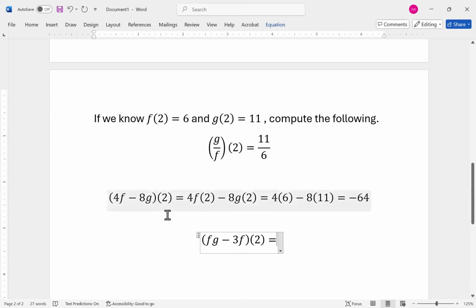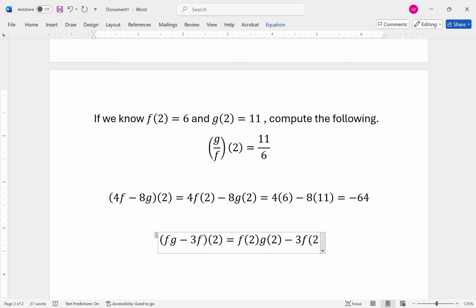And then, as you can see, we can have any combination that we want. F times G minus 3 times F, it's going to work the same way. F of 2 multiplied times G of 2 minus 3 times F of 2. So that's going to be 6 times 11 minus 3 times 6.